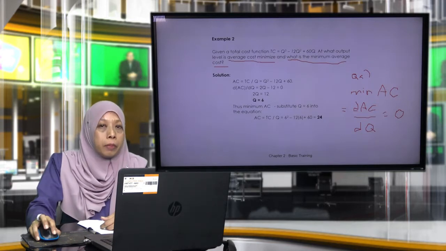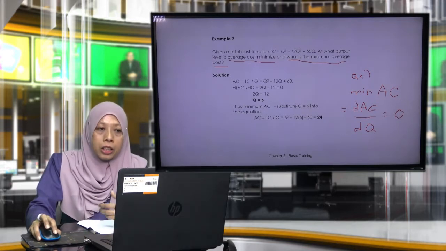But this is not a problem, because as long as you are given the total cost function, we can find average cost.